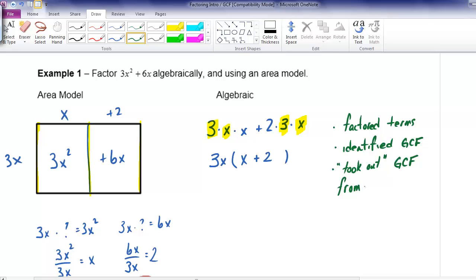We took out the GCF from each term, and that's what common means. And then we put the leftover stuff in brackets. And what that gave us is our other factor.